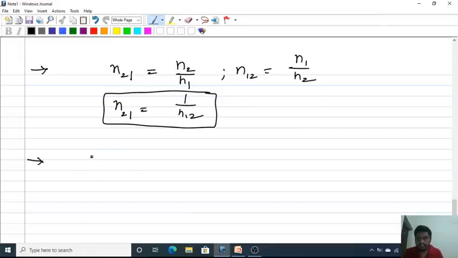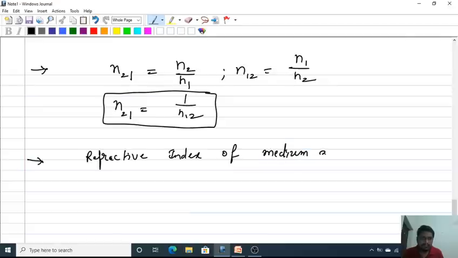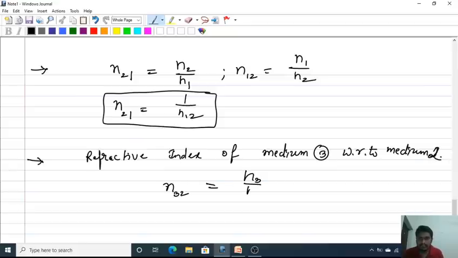The refractive index of medium 3 with respect to medium 2 is n32, and it can be written as n3 by n2.